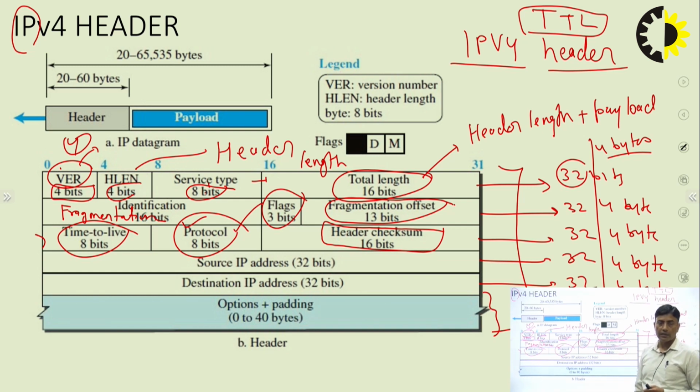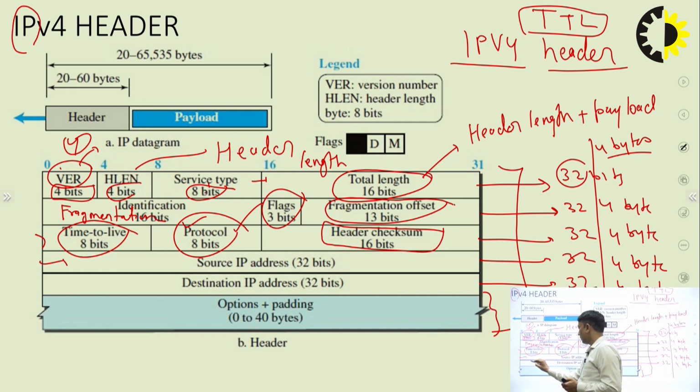As we know, the role of checksum is to check errors. So this information checks whether there is some error in the header of the packet or not.